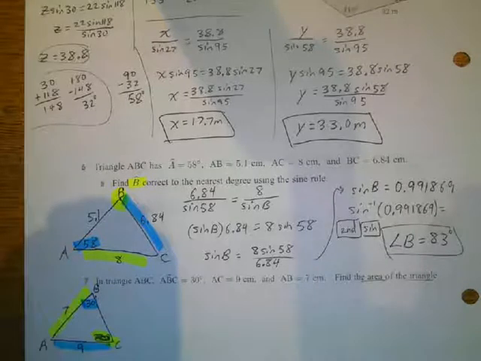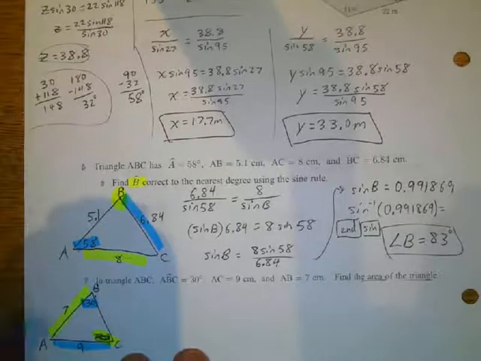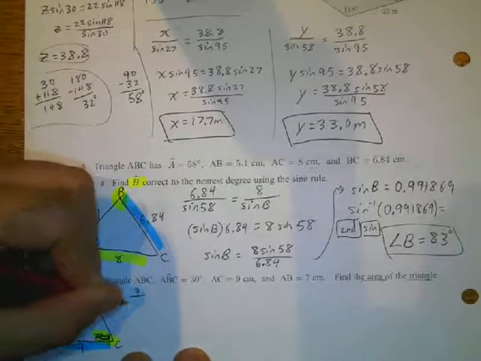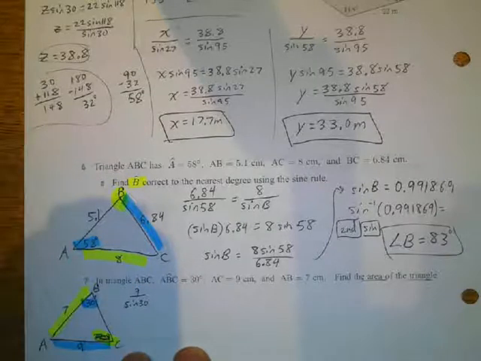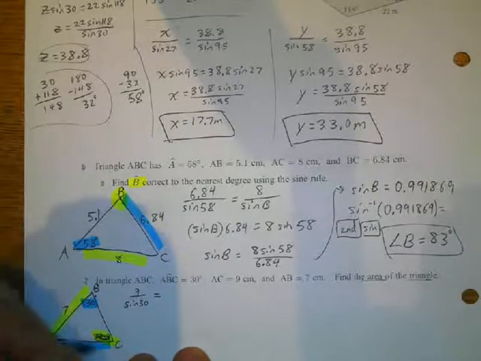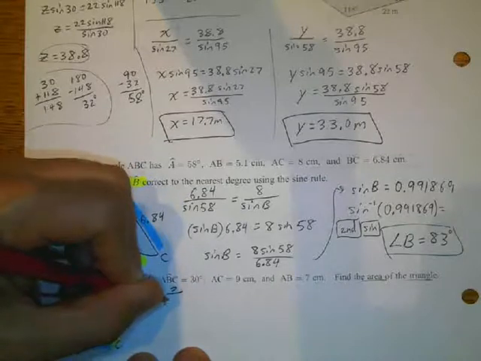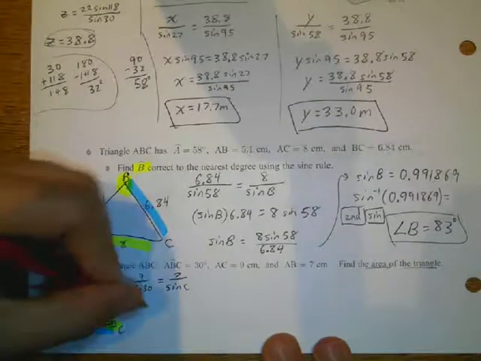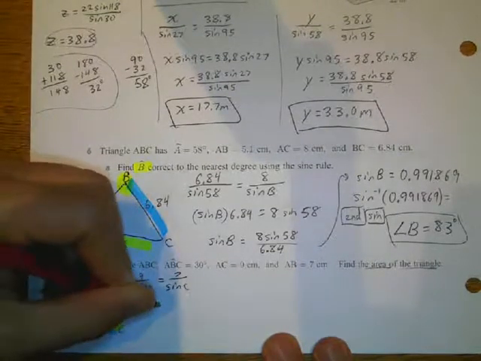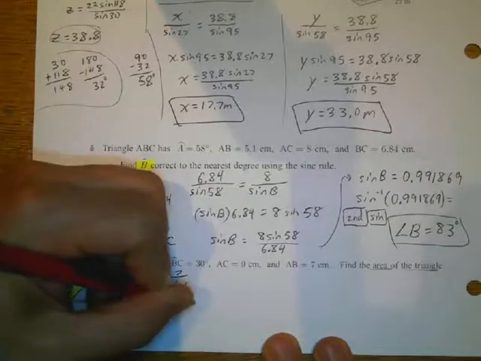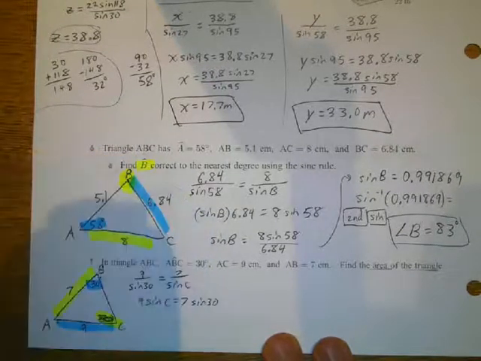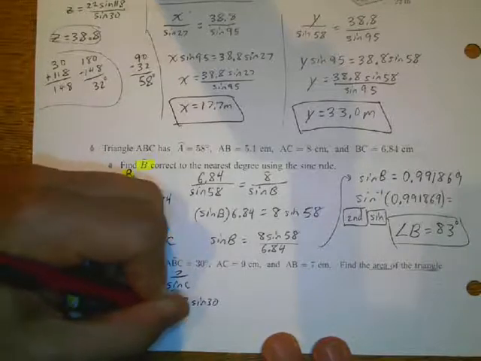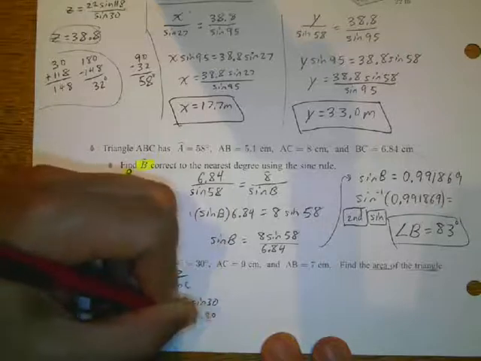Okay, so I'm going to first find angle C. We're going to say 9 over sine 30 equals 7 over sine C. Okay, we can do our cross multiplying. We get 9 sine C equals 7 sine 30, and divide both sides by 9, and we get sine C equals 7 sine 30 over 9.